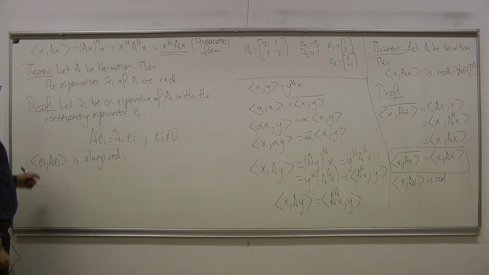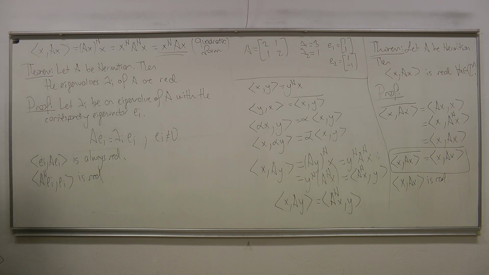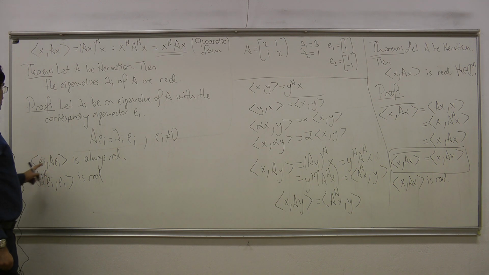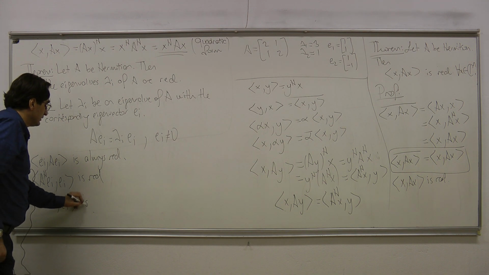Here is what I'm going to do. I will take this A to the other side, so I write A Hermitian EI, inner product with EI, is real. Then I use the Hermitian property. If A is Hermitian, then A Hermitian is equal to A itself. So I have A EI, EI is real.